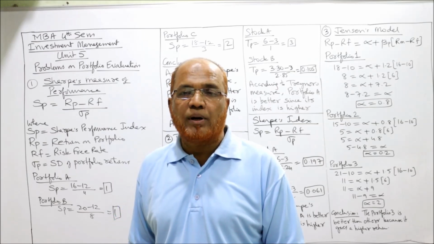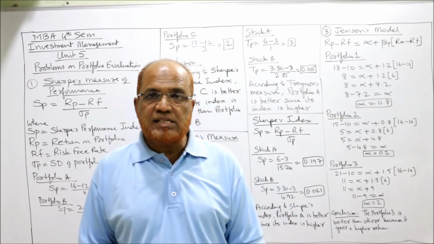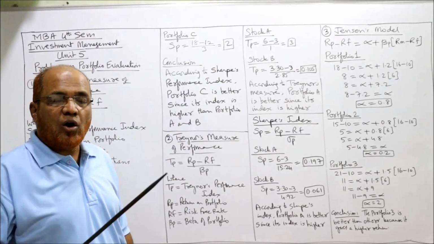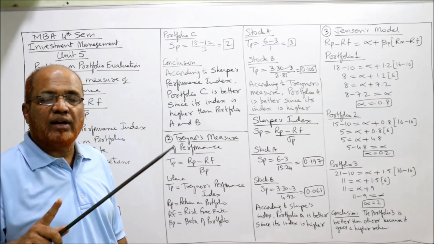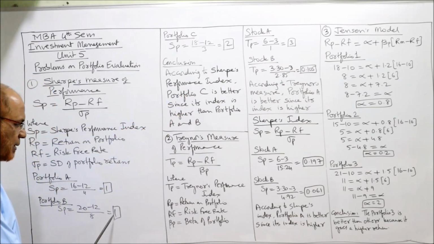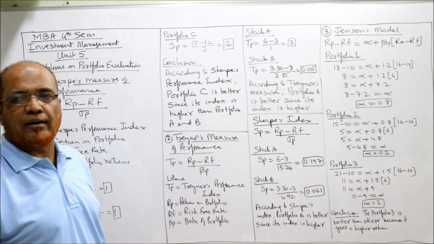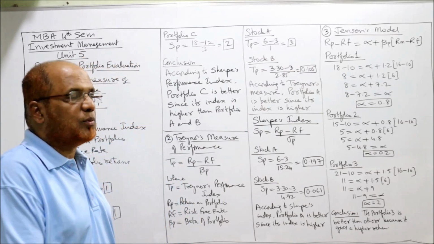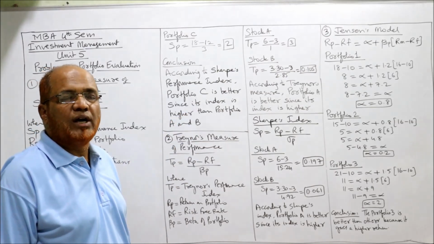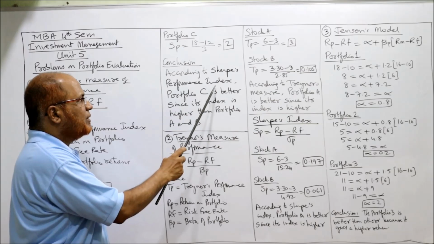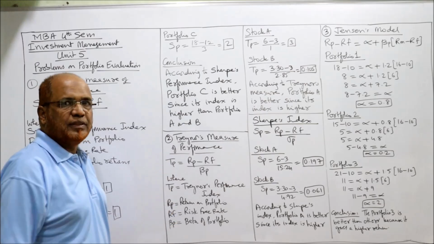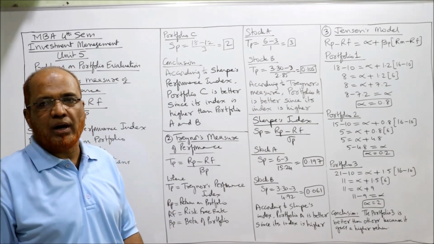That is the significance of this index: how many units of reward you are getting for every 1 unit of risk. So 2 units of reward here, 1 here, 1 here. Comparatively, which portfolio is better? According to Sharpe's performance index, portfolio C is better because it is giving 2 units of reward for every 1 unit of risk, since its index is higher than portfolio A and B. This is the conclusion of problem number 1.